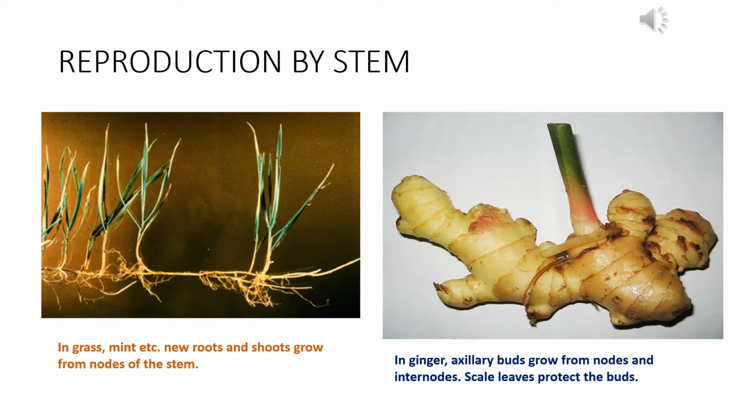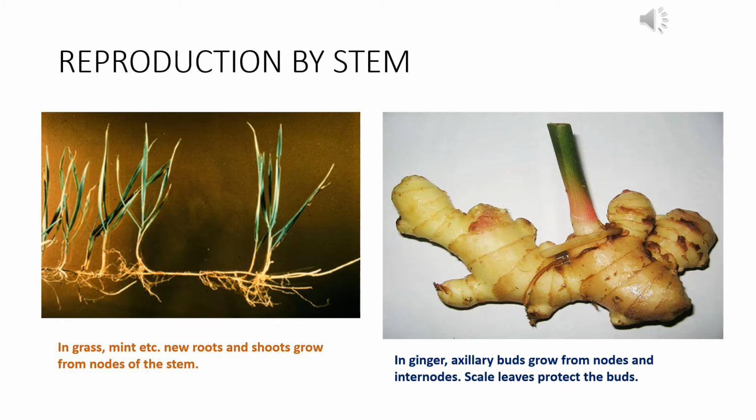What are the nodes of the stem? Nodes are the places from which new leaves grow on the stem. And in the case of grass and mint, new roots and shoots also grow from the nodes of the stem. We can see that the stems are connected and the roots are growing from the nodes.